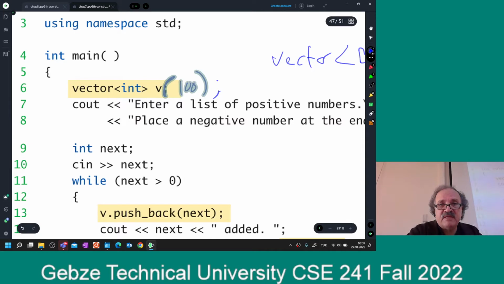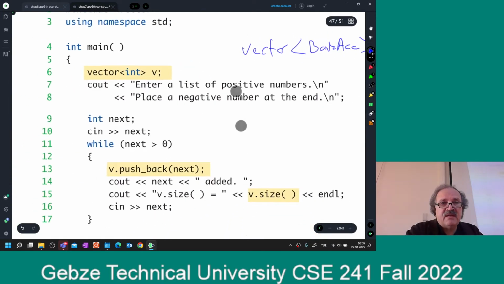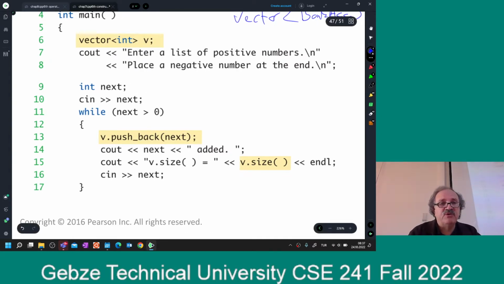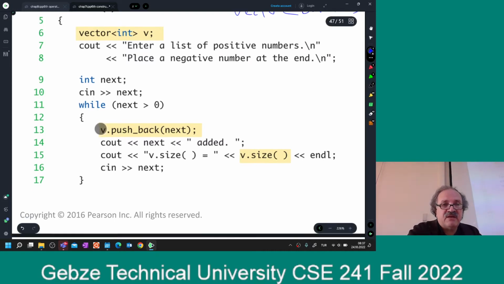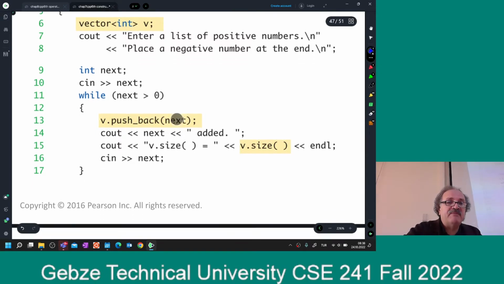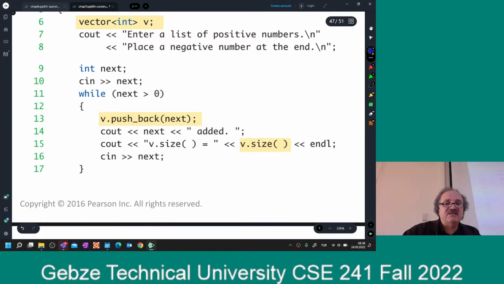Okay, we talked about that, and every time I enter an integer from the standard input, I call the function push_back on this vector, and I push back the element. I don't care what kind of allocation this v is doing inside it. I don't care if it is static or dynamic. I just use it. Every time I make a push_back, of course, v.size will return one larger number.